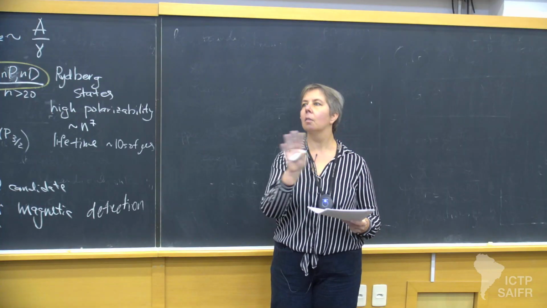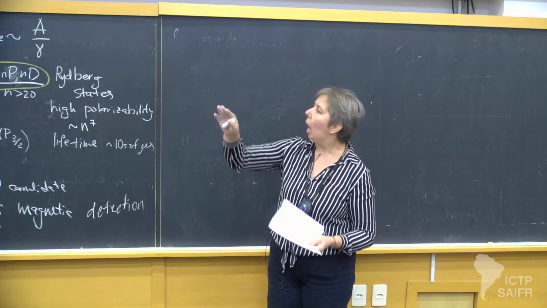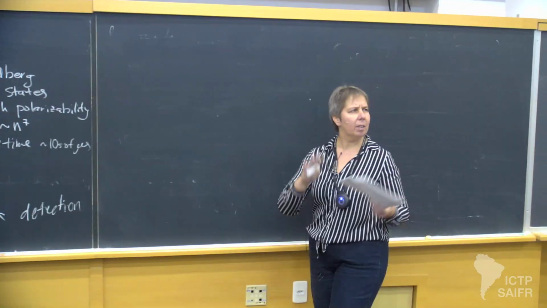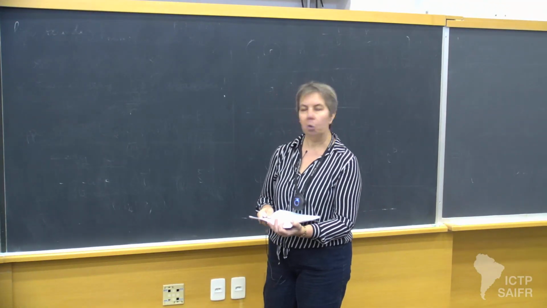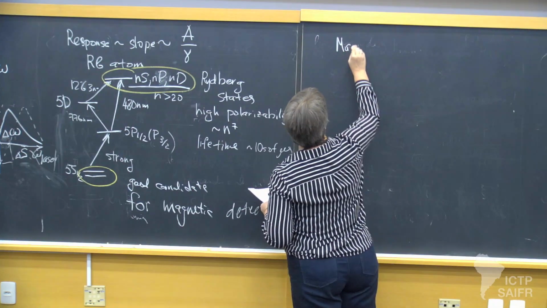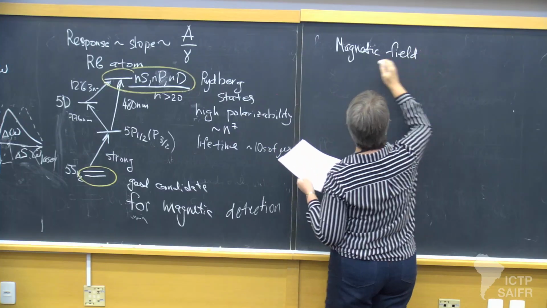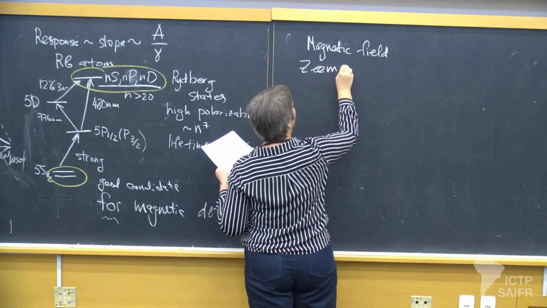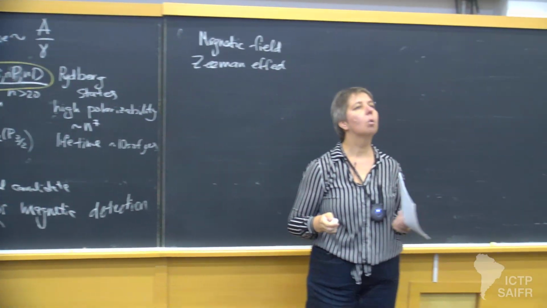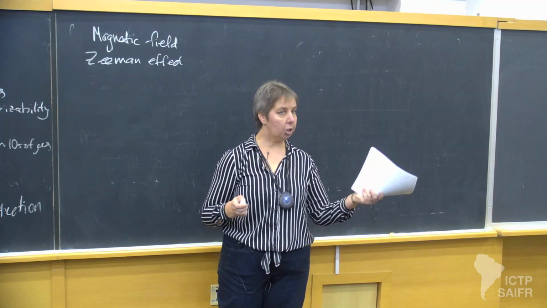OK? All good. So I want you to get a very brief reminder about how different things affect the energy levels. I presume that the majority of you know this, but I want to make sure that we're all on the same page. So magnetic field. This is, of course, the Zeeman effect. Do you remember what happens when we have an atom and we put it in a magnetic field? The levels shift.